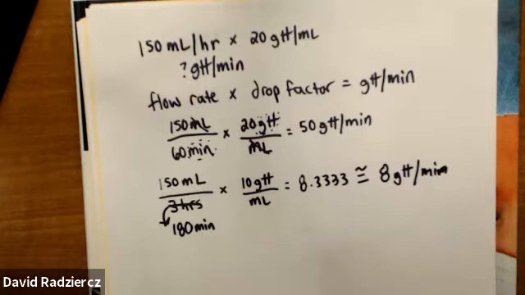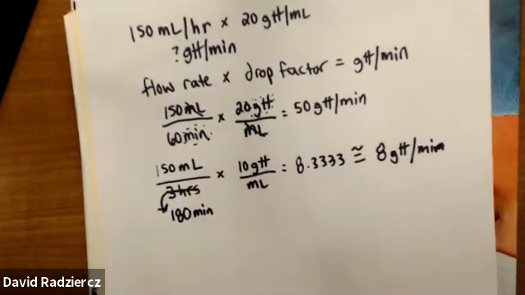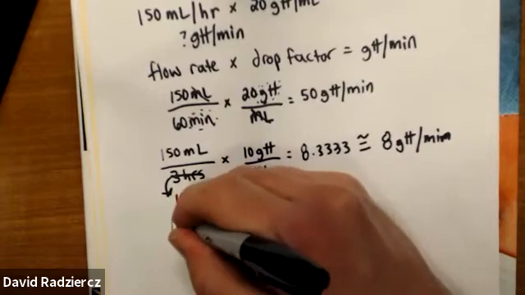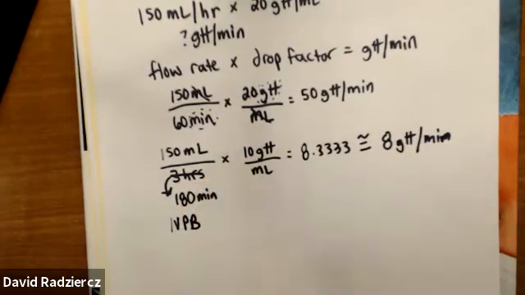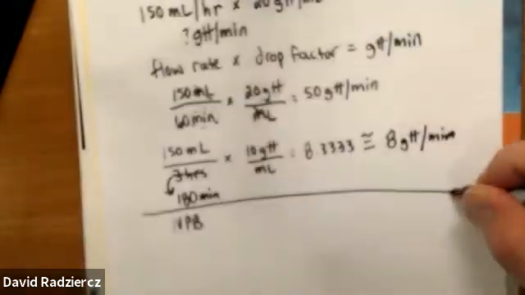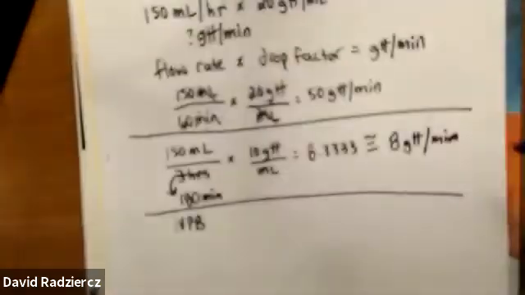All right, let's see. Okay. So here's an example of something using an IV piggyback. Sometimes IV piggyback is abbreviated as IV PB. So what I'm going to do is just delineate what I'm doing here.